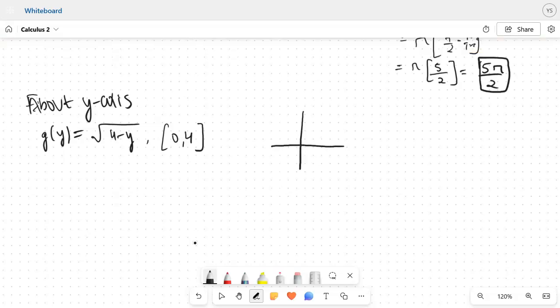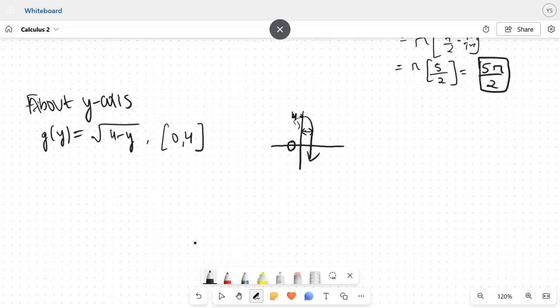This looks like a square root function, but remember, they've expressed that in y. What this is going to look like is like this. When they're saying 0 to 4, they mean the y coordinates. Remember, we got to be careful. They mean the y coordinates from 0 to 4.